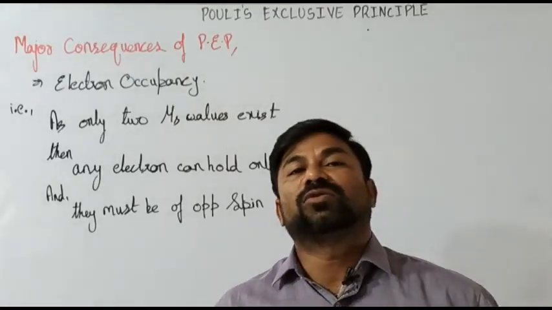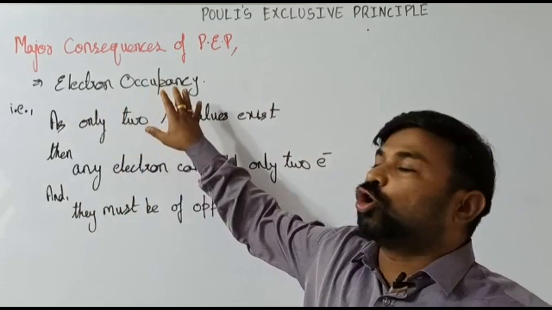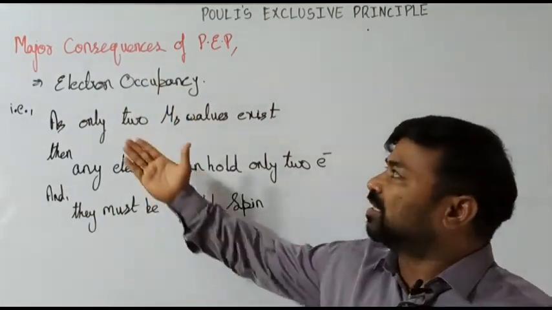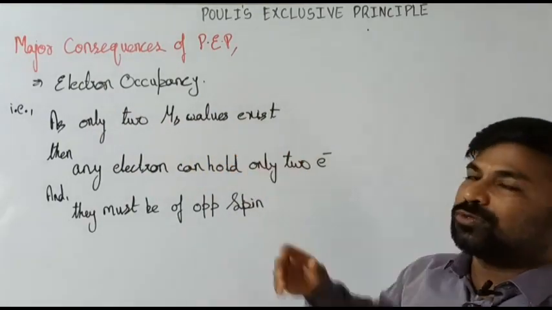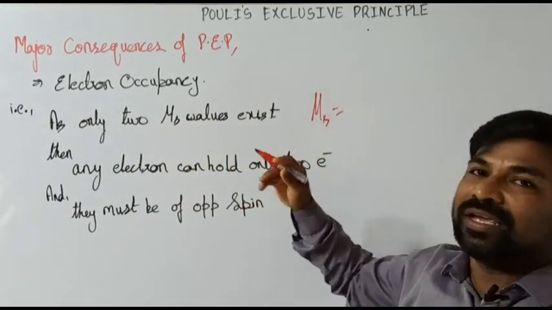The major consequence of Pauli's exclusion principle is electron occupancy. What does it mean? How many values does ms have?